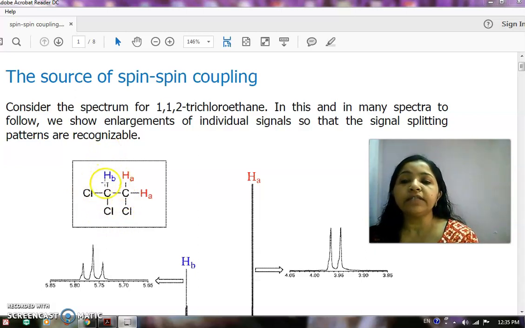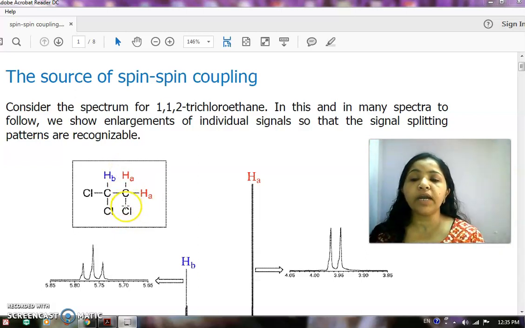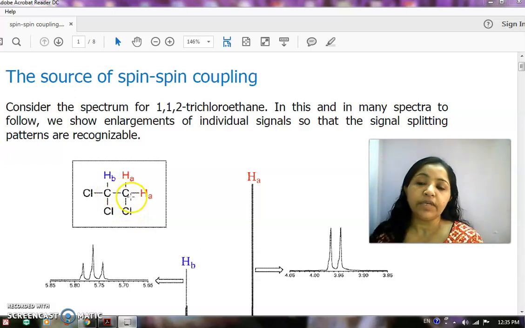So the electrons are pulled by these Cls and it is more deshielded, whereas these two nuclei are bonded to a carbon which is bonded to a single Cl, and hence the deshielding is much less. Delta value here is more, delta value here is less.